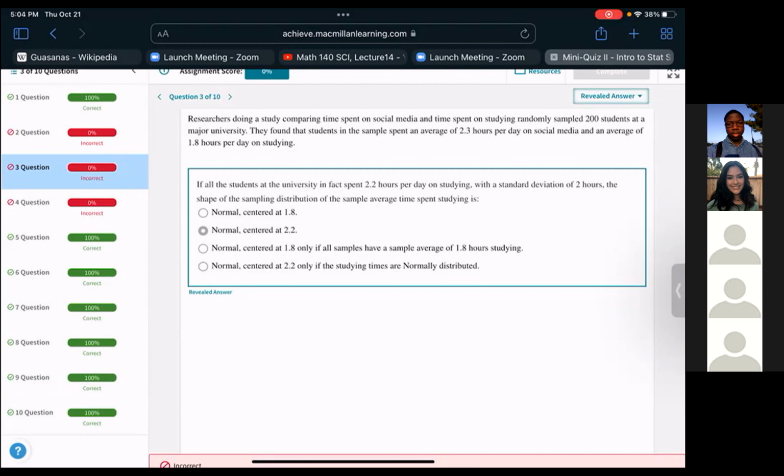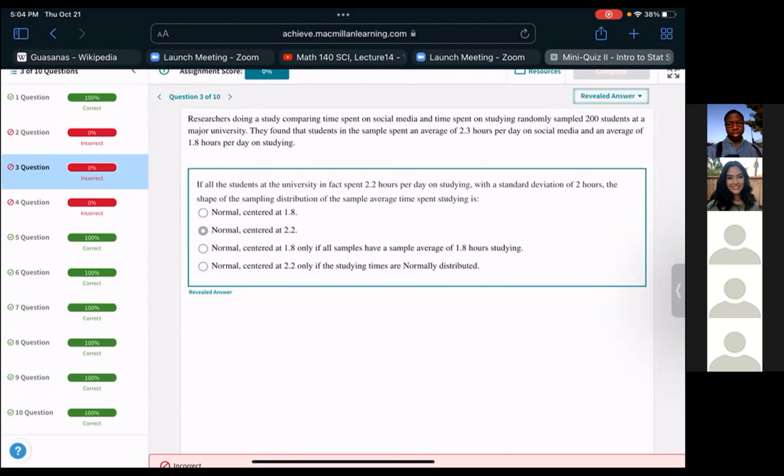oh, I see. So remember the central limit theorem? What did the central limit theorem say? The central limit theorem said that if the sample size gets large enough, it's going to look normal, correct? But how do I phrase this? If it comes from a population that's normal, it will be normal no matter the sample size.